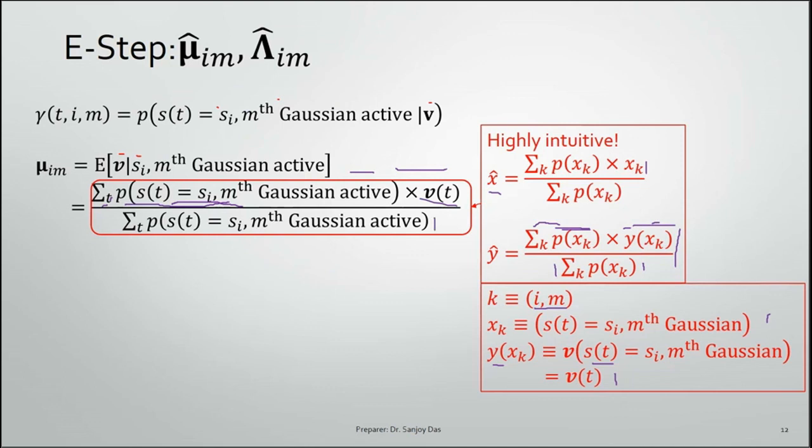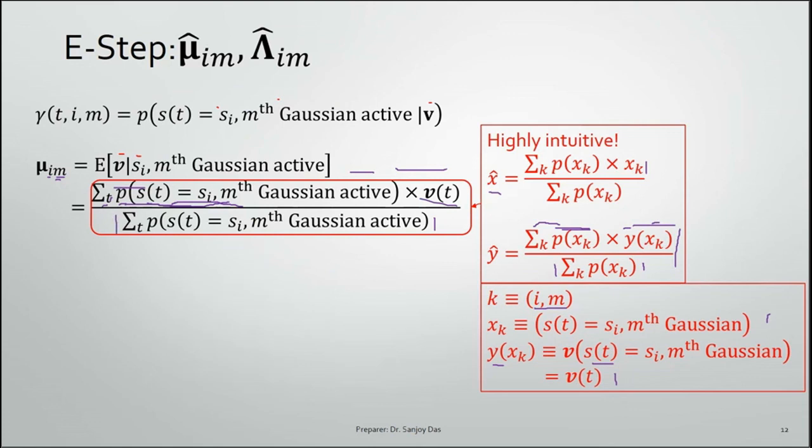Another simpler way to look at it is to pretend that these probabilities are the weights, because we are looking at state i and output Gaussian m. And so this is a summation of p of St equals Si and mth Gaussian being active, which is the weight for that index pair i and m, and the denominator is the summation of the weights.